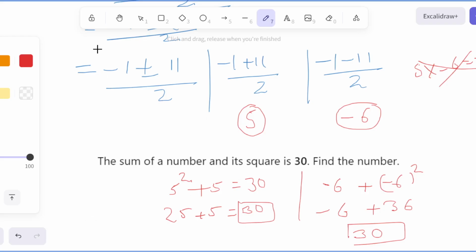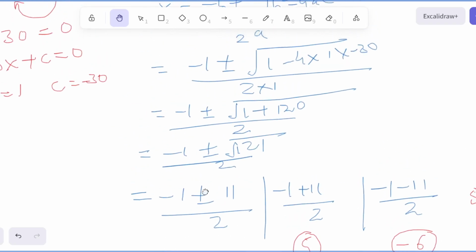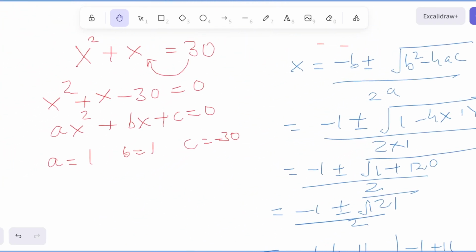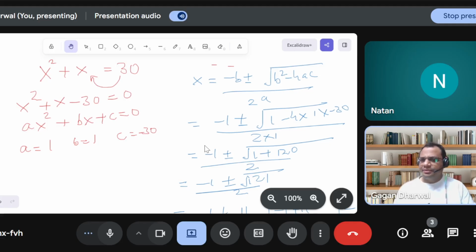So what all have we done in this question? Yes, we start from here. We took the number to be x, and then the other number has to be the square of it, right? So x square plus x, and the sum is 30, and then it becomes a quadratic equation.